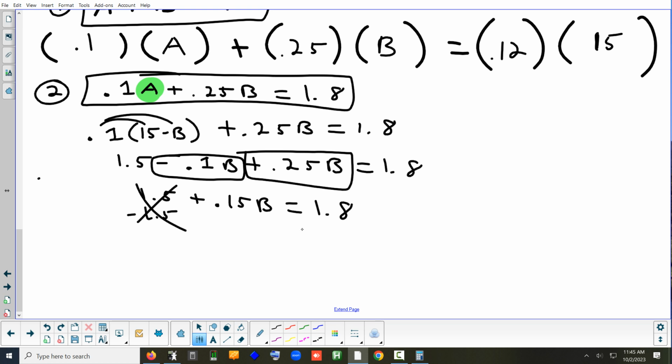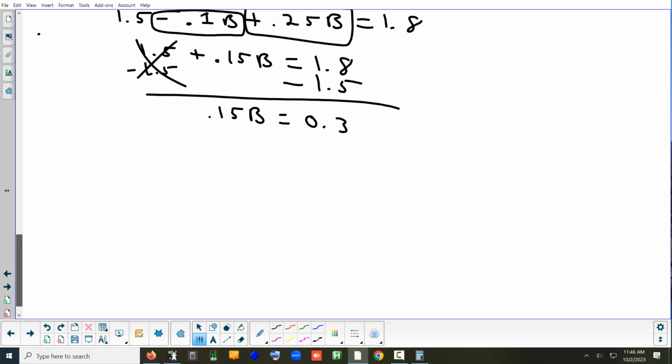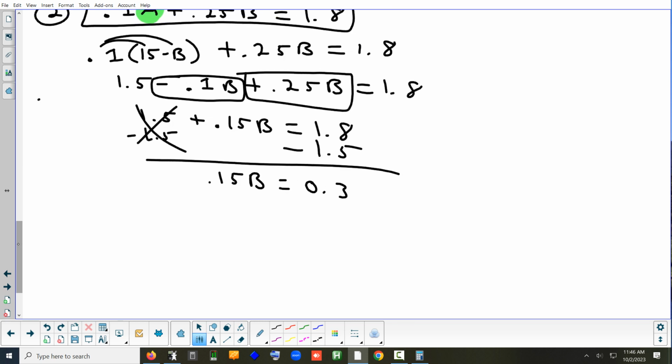That's gone. And I think we're still okay. We can probably do this so far without a calculator. What's 1.8 minus 1.5? 0.3. And last step to get b by itself, divide by 0.15.